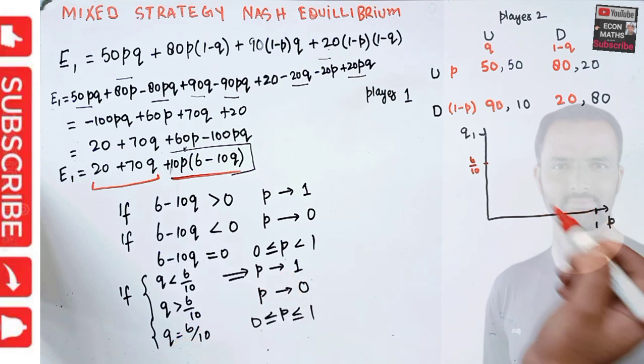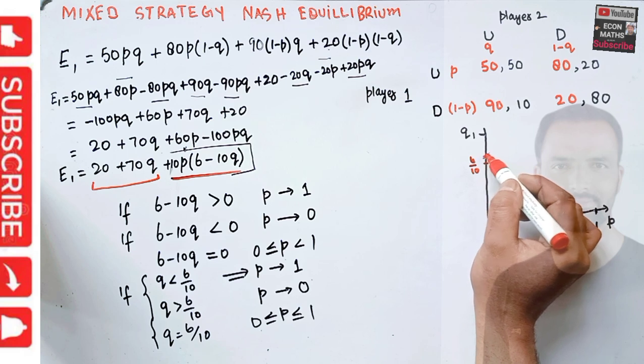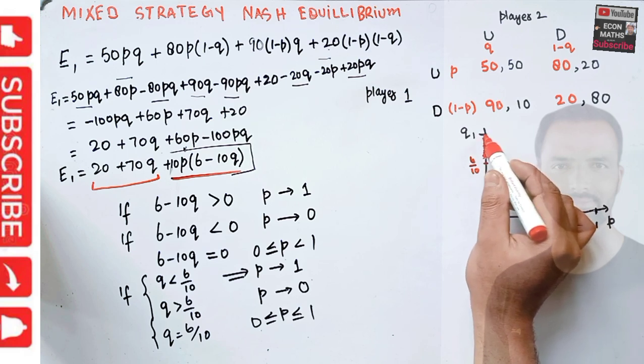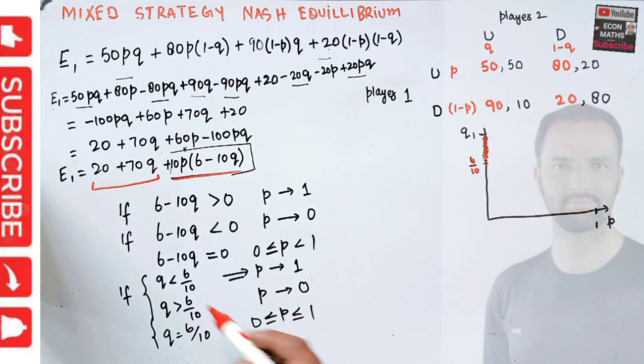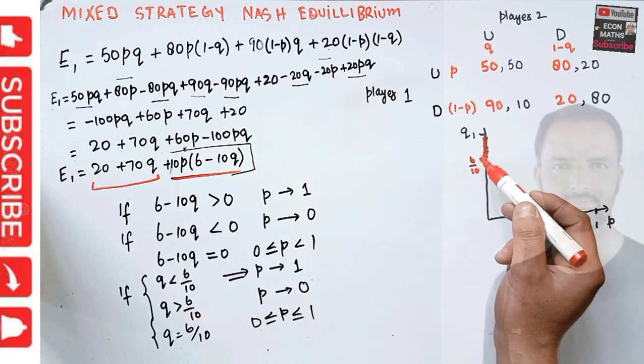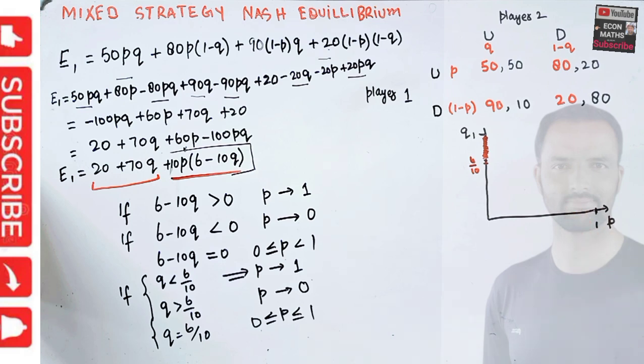So player 1 will choose this very part. Sorry, I have not shown it correctly here.